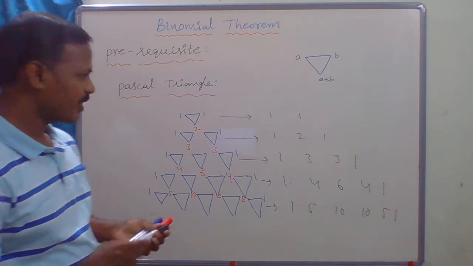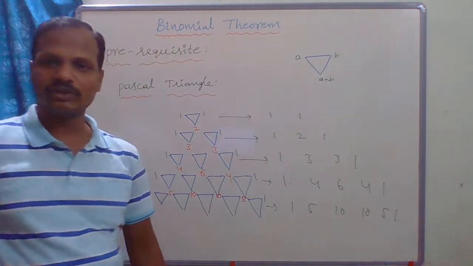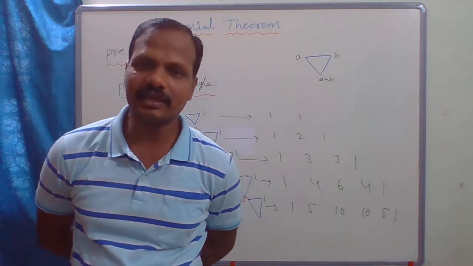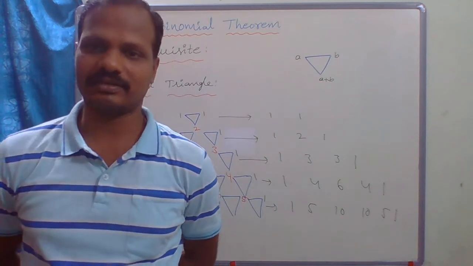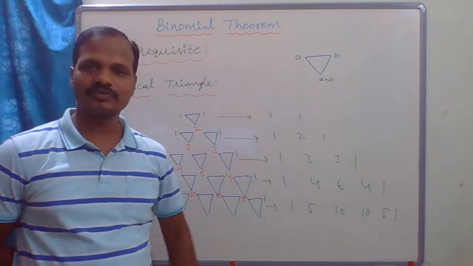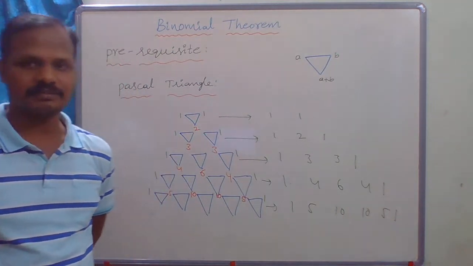Clear? So these numbers will denote the coefficients in the binomial expansion.